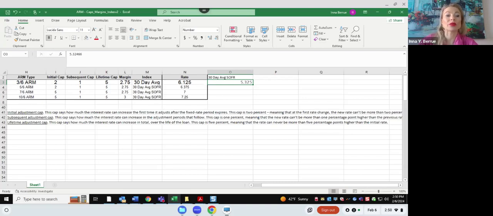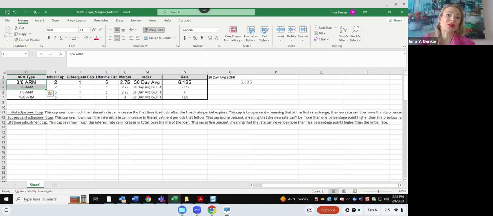The table that you're looking at here technically is really a hybrid, not a strict ARM. An adjustable rate mortgage is a mortgage that changes every single year. This is a hybrid ARM table. Just like a hybrid vehicle that can go on gas or on electricity, a hybrid ARM is part fixed, part adjustable.